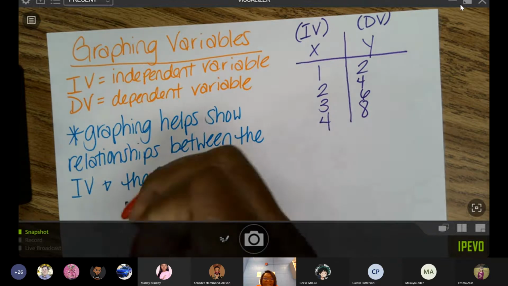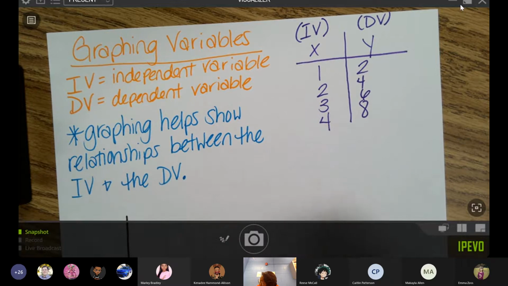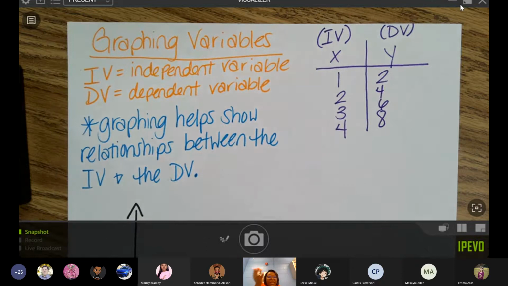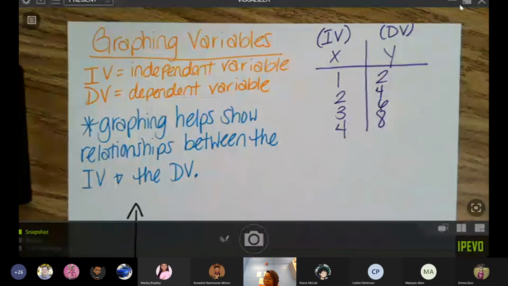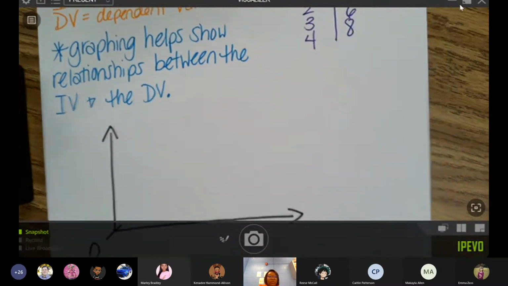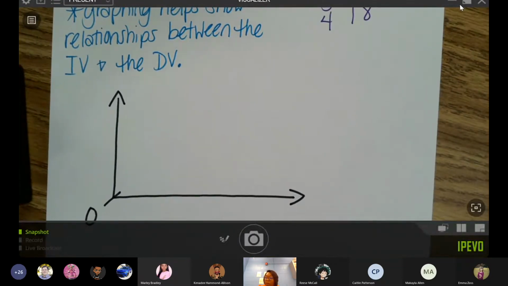So when we're graphing, we're going to use a line graph this week when we're graphing variables. The line graph is going to show us how the independent variable is related to our dependent variable. I'm going to move this up and get rid of my orange. So we're going to draw our line graph.